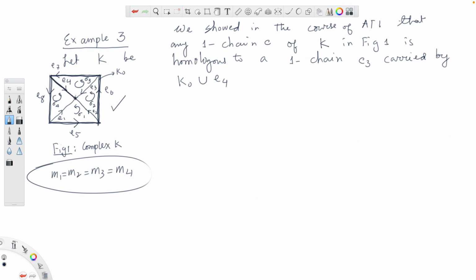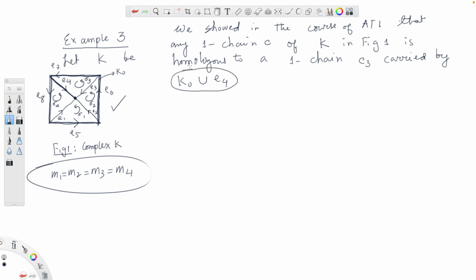So in other words, by modifying the one chain, adding boundary components, one can push the respective one chain of each of these three one simplices, so that the one chain is ultimately carried by this subcomplex.